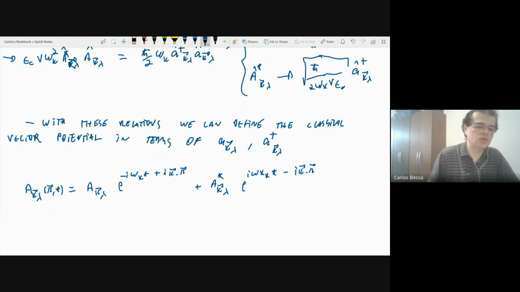So again, the classical potential, but just to remind you, for each mode, the potential vector A k, we will not use this, are just the sum over k and lambda, well, lambda could be 1 or 2, okay?